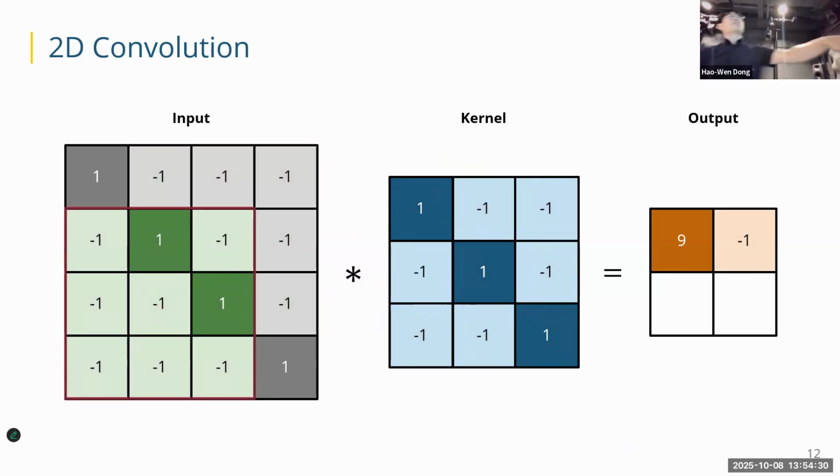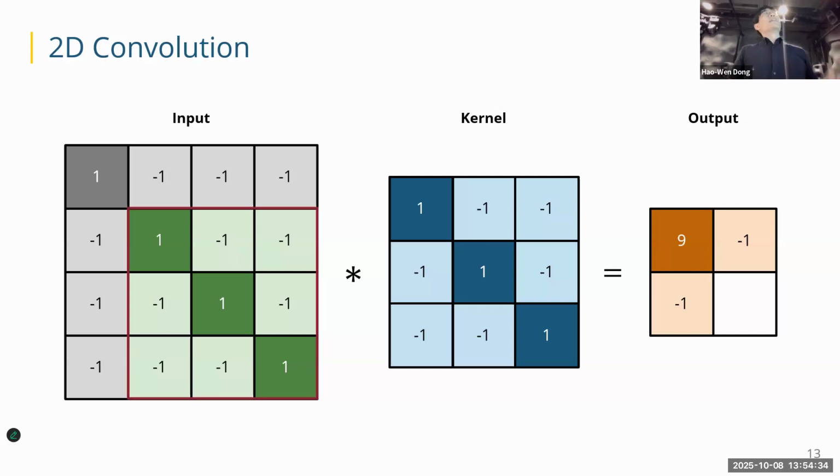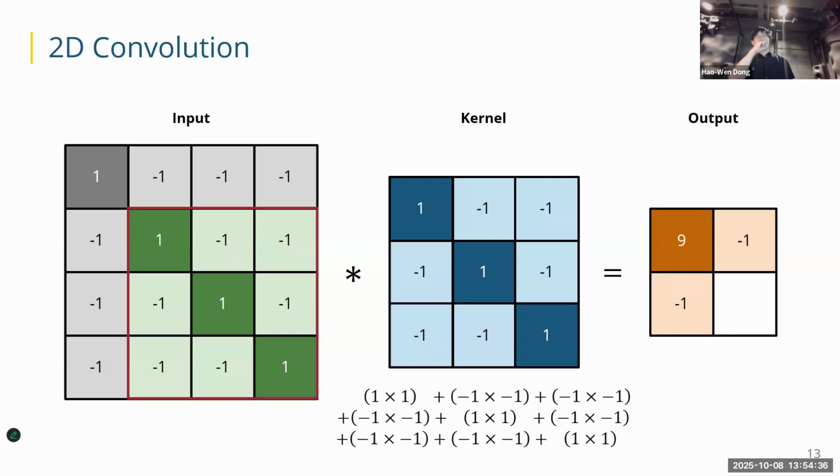The same here, some of those will cancel out, so negative 1. But for this one, again a perfect match, so you get a maximum activation of 9. Again, similar to the Fourier transform, where you are analyzing by doing this multiplication, or dot product, or convolution, basically.